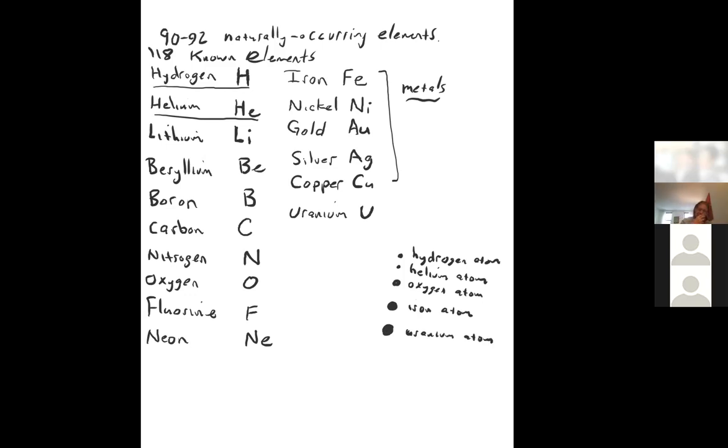Okay. But if you think about it, they're essentially little balls. They're little spheres, right? So that's one thing that we've learned using modern techniques, that atoms are essentially little balls or little spheres. And so it's useful for us to use these symbols to represent these atoms.